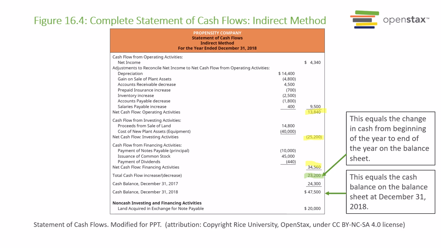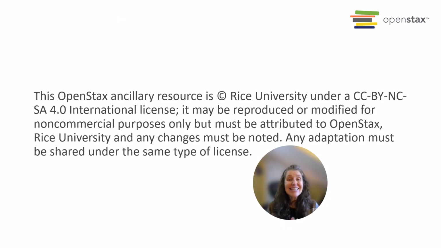We've also then at the bottom listed that non-cash major transaction so that we can document this large-scale asset for liability exchange that took place in the year that didn't involve cash. And that's it.